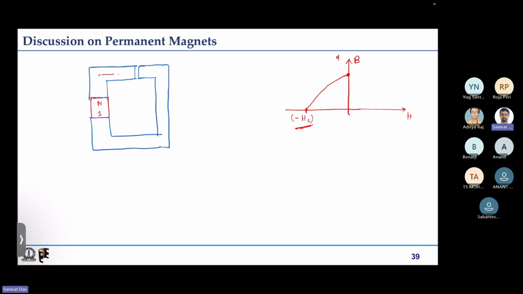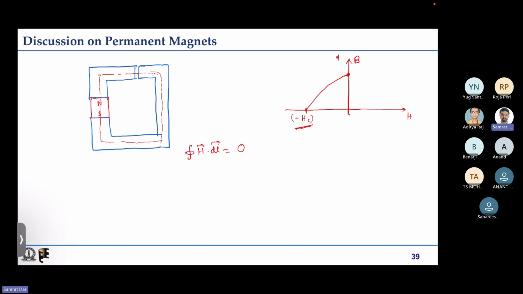If we take an Amperian loop, then there are no currents enclosed by this Amperian loop, which I have tried to draw using a red dotted line. If we apply Ampere's law, the closed integral of H dot dl equals I enclosed, which is equal to 0.